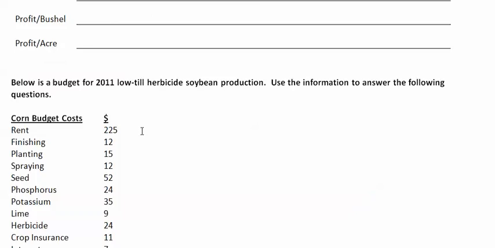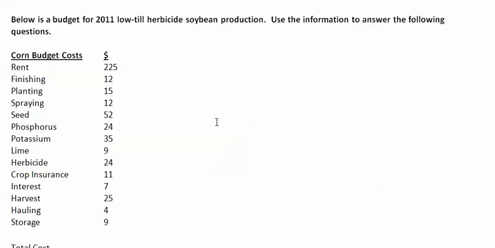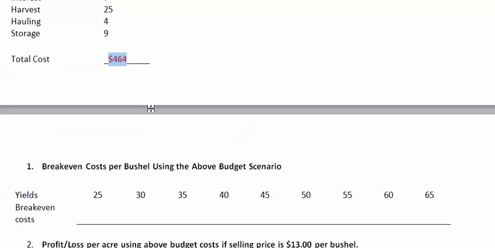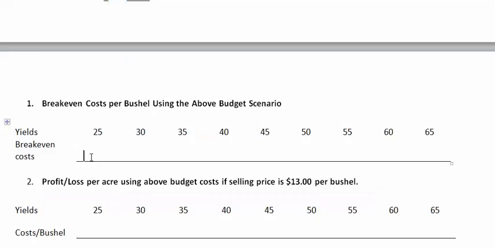Okay, come down to soybeans, it's the same thing again. And I'll just go ahead and tell you that as we add up costs for the soybeans, it's a total of $464 an acre. Here we're going to break that down to cost per bushel.